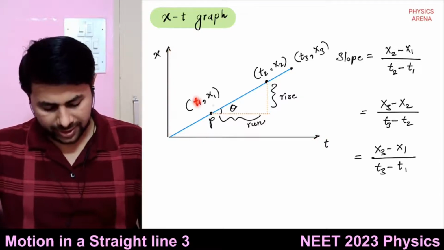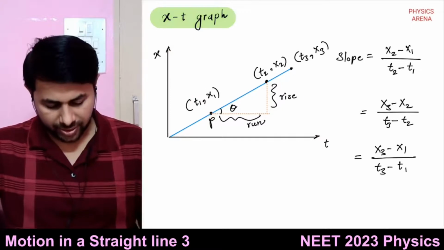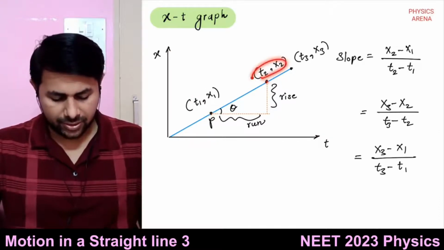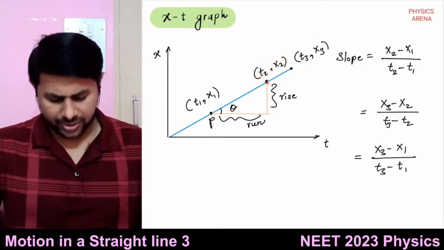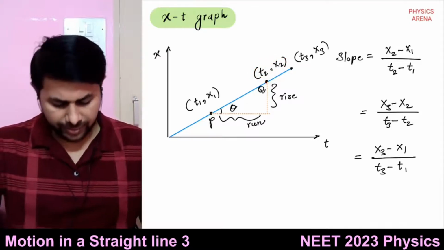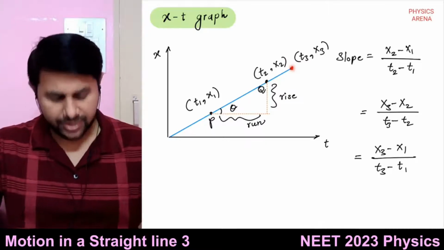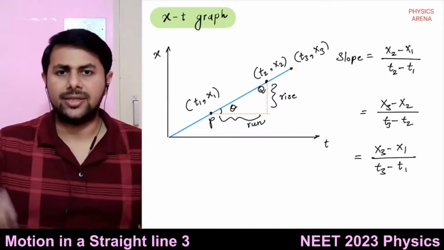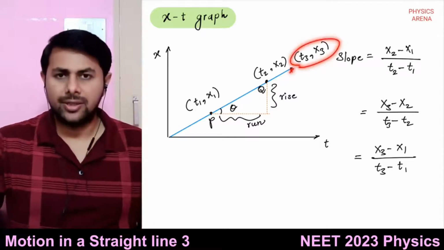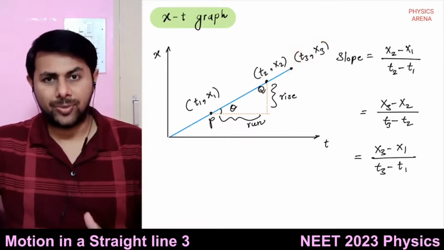So t1, x1 are the coordinates of this point, P. t2, x2 are the coordinates of this point, which is Q, let's suppose. And there is another point, this one, t3, x3. Now, what is the slope of a line?